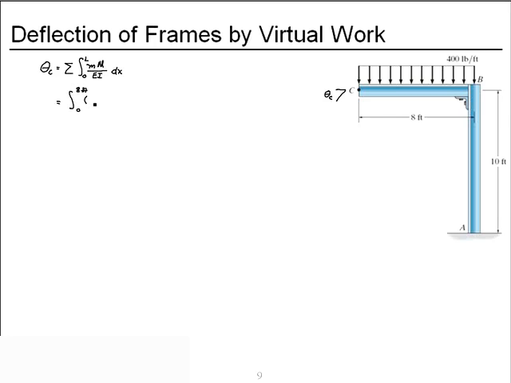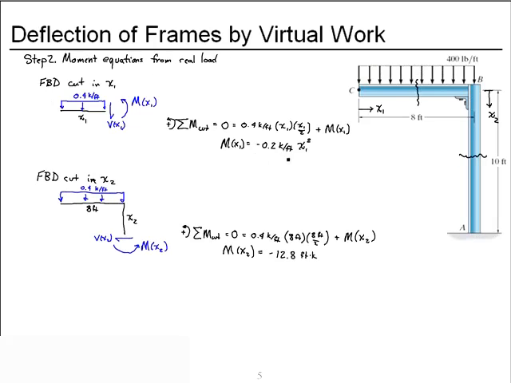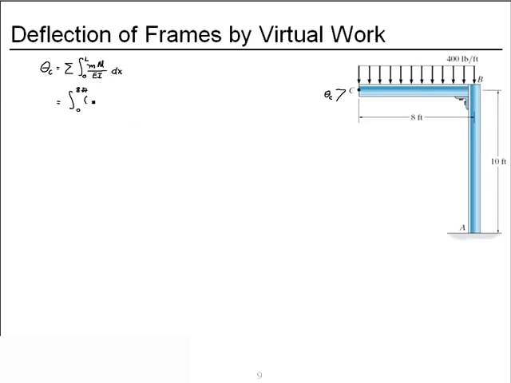The virtual moment in this case is a constant -1, and we'll multiply it by the -0.2 kips per foot x1 squared.